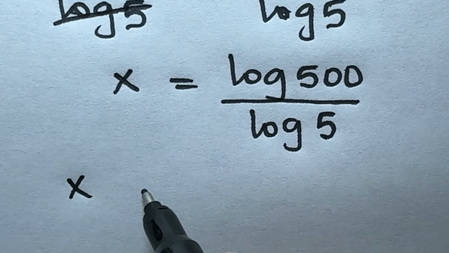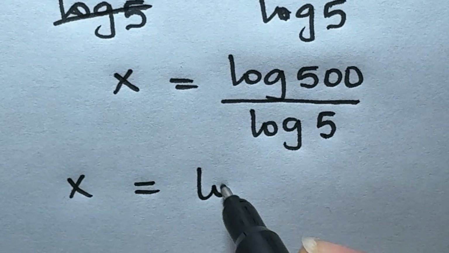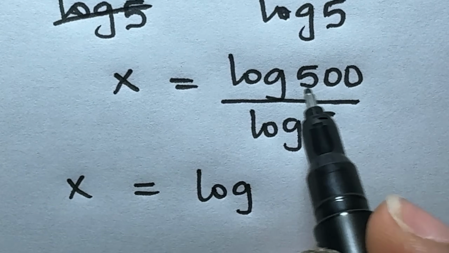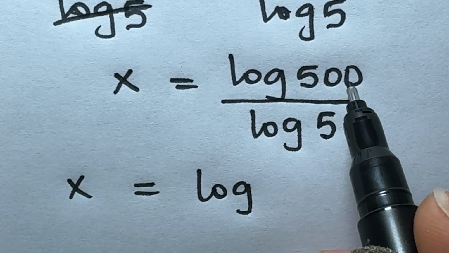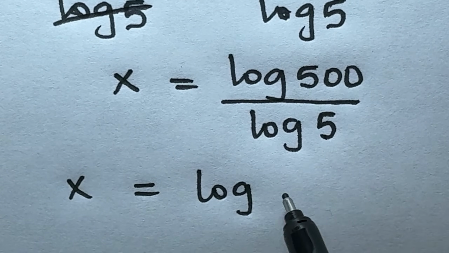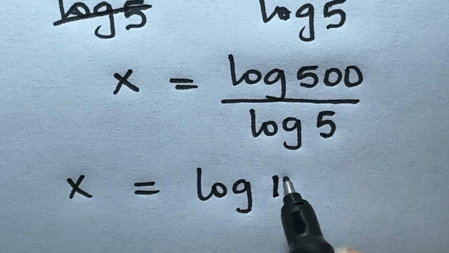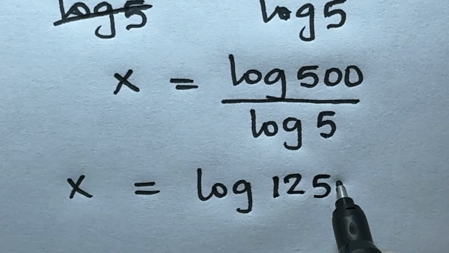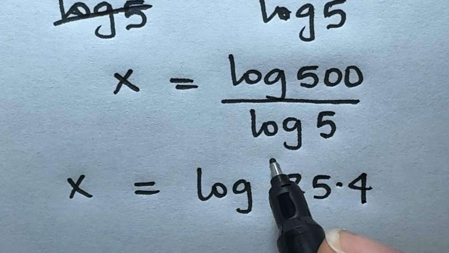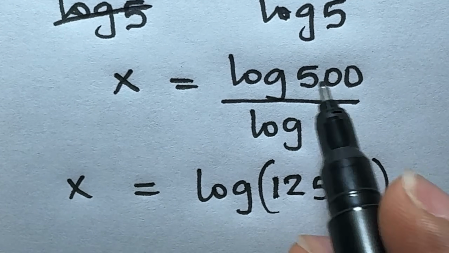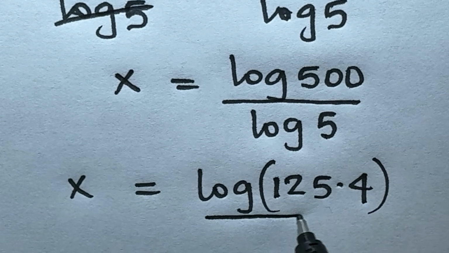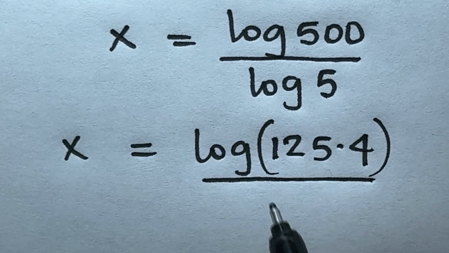We can also say x is equal to log, here, 500 can be broken down into 5 times 100, or we can say 125 times 4. 125 times 4 will give us 500, then divided by log 5.